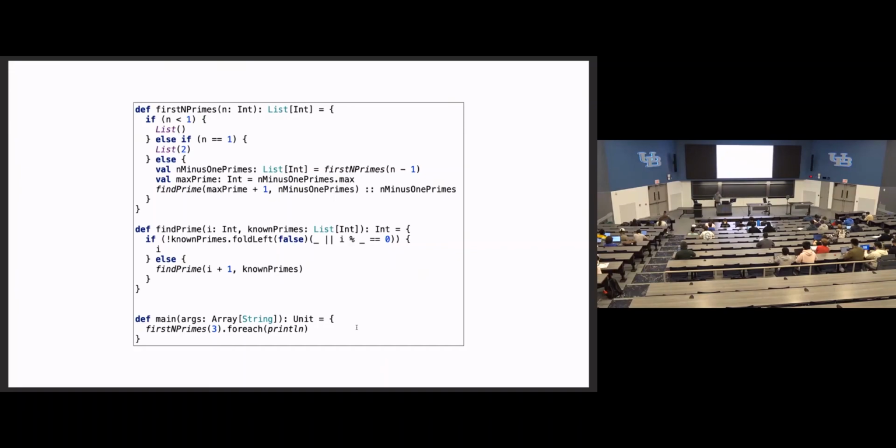So for first n primes of 3, I should be returning a list containing 2, 3, and 5. That's what this method is going to do. I wrote that method without using any vars to embrace immutability, and we're going to step through this program and talk about how we get this done while focusing on the immutability of the list.